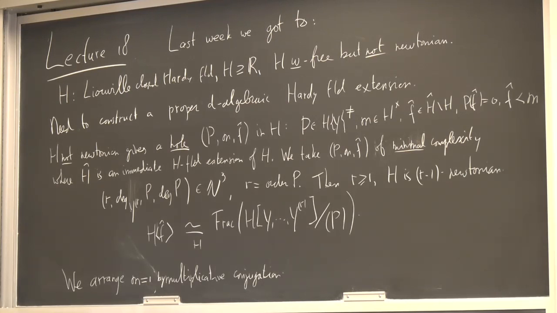So that's a triple (P, M, F hat), where capital P is a non-zero differential polynomial, and M is what we think of as a monomial, but it just means it's a non-zero element of H. And F hat is in an immediate extension H hat, but not in H itself, and it's a zero of this differential polynomial.